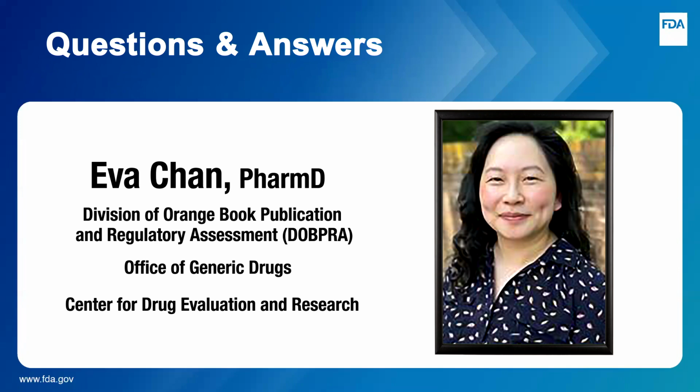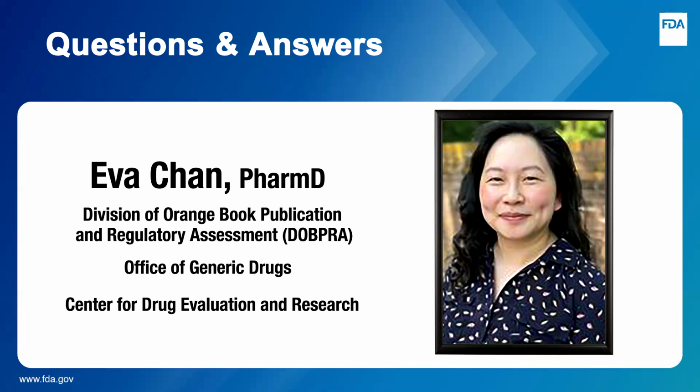Because there's more than one product in the active section, if they're therapeutically equivalent, we'd give them a TE code so you know they could be substituted. Whereas for a single source product, there's nothing else to substitute for that one, so it wouldn't have a TE code.